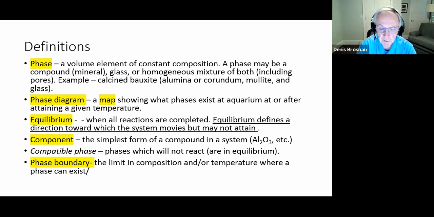Now, a phase boundary is a portion of a map where phases are present. So it's going to enclose a portion of the map, composition and temperature, where the phase assemblages at equilibrium are defined by something that we're going to call a compatibility triangle. Everything is compatible within that particular area.